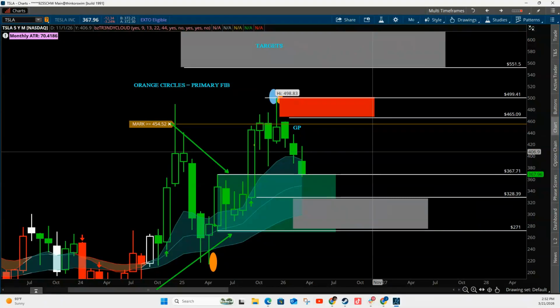Modern slash trendy. I kind of like the word trendy better because I get a little confused between modern and classic, but I get it. So classic is wider. This is modern. Notice how I tucked price up underneath the bigger candle. Can I get a yes or no?